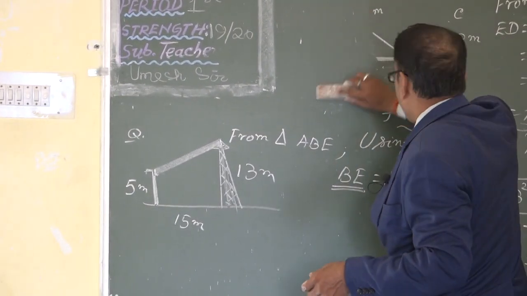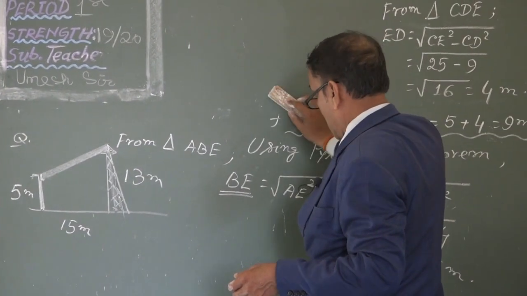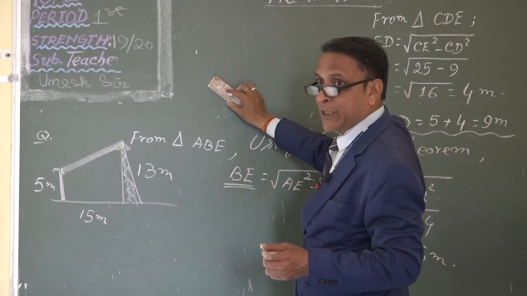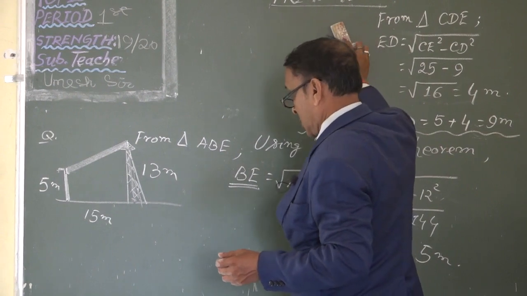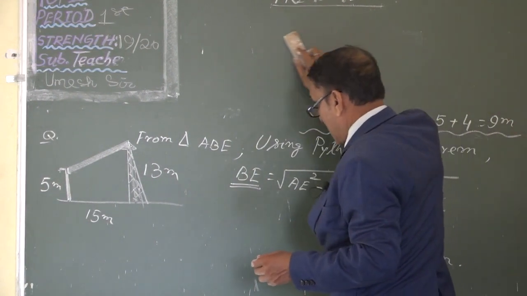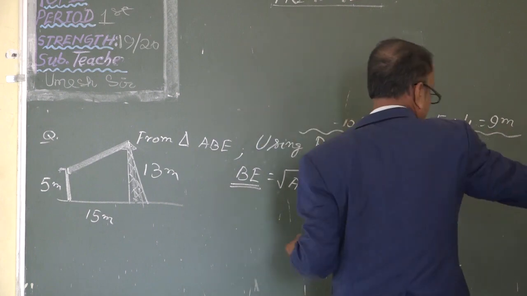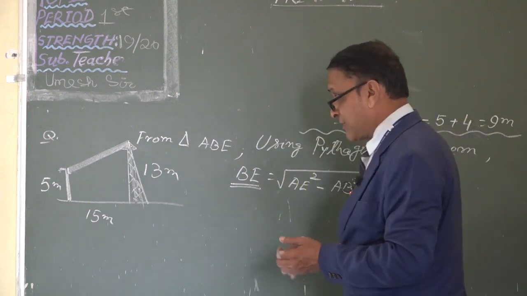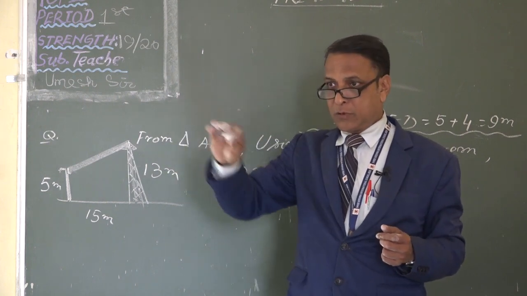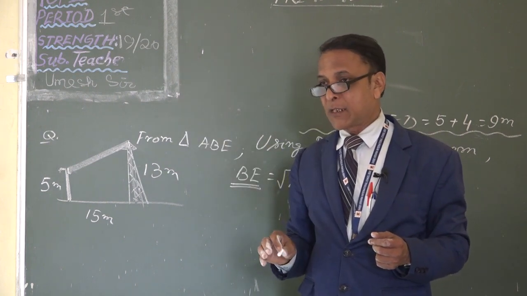One tower is 13 meter. They have stood vertically upon the ground. If the height of the electric pole is 5 meter and that of the tower is 13 meter, and if the distance between them is 15 meter, then what is the distance between their tips?